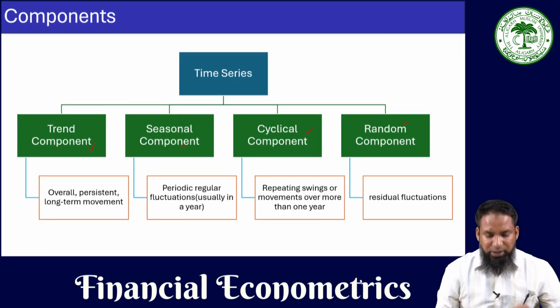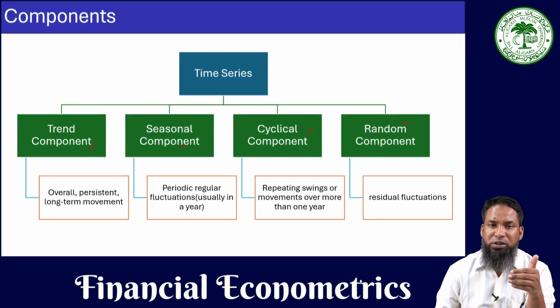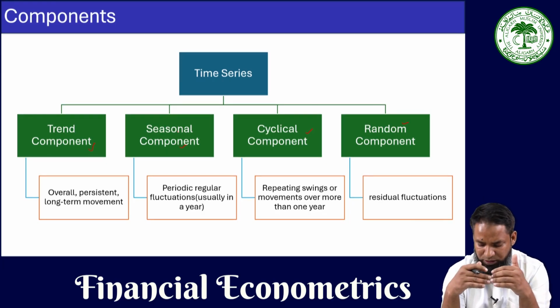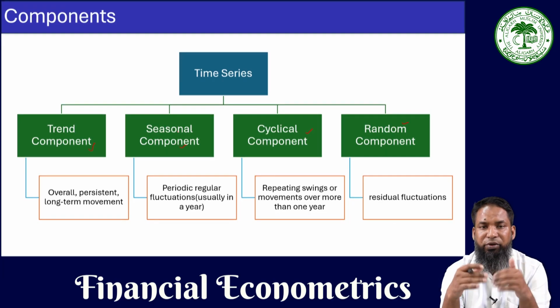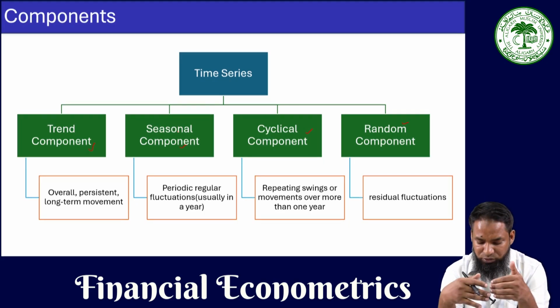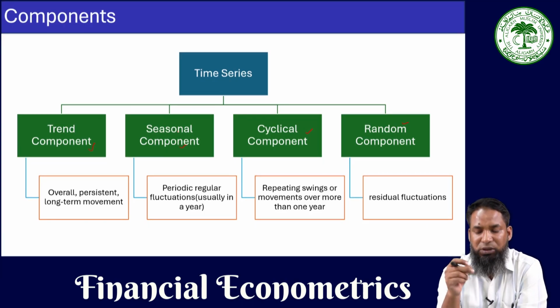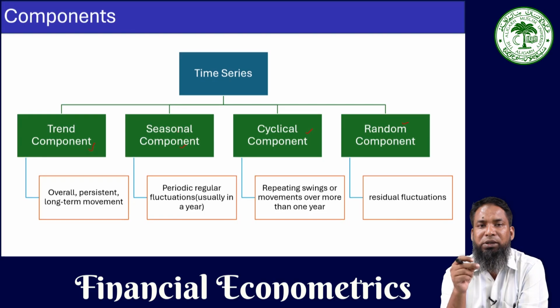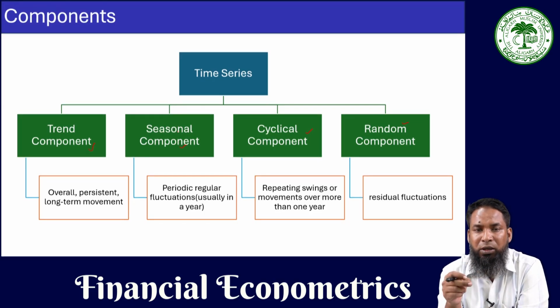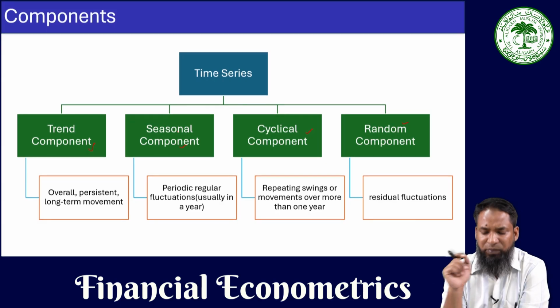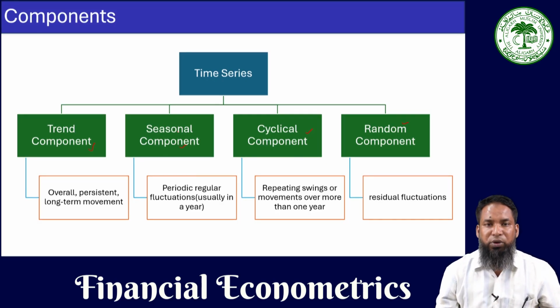Whereas the seasonal component represents the periodic or regular fluctuations, however the duration of the fluctuation is less than a year. If we have repeating swings or movements over more than one year, then we call it the cyclical component. At the last, which is very important for us, is the random component, or you can say irregular or residual fluctuations. So let us briefly discuss these different components.